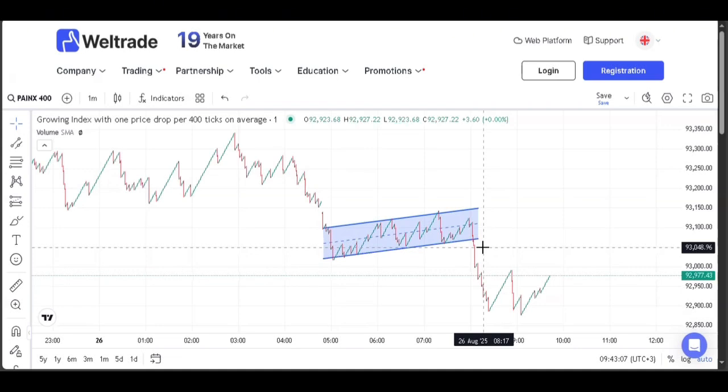Then on the other hand, if you see a good setup, avoid scalping. If it's a good setup and you can see that the market is going to drop more, always remember to hold that trade so that you can maximize your profit.